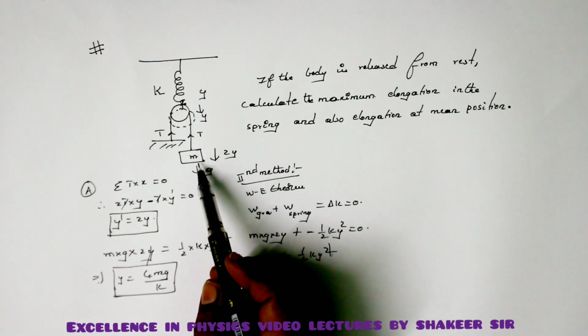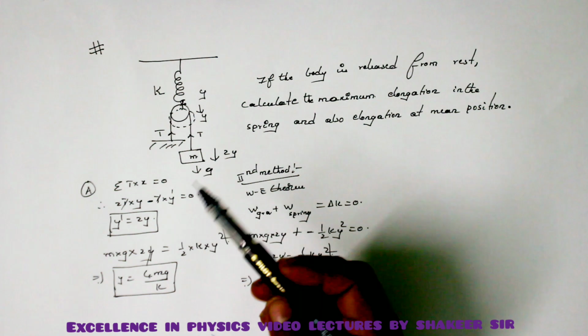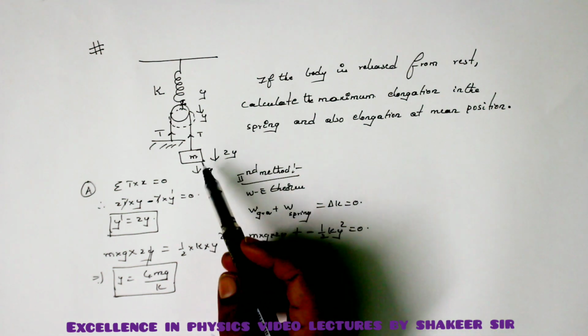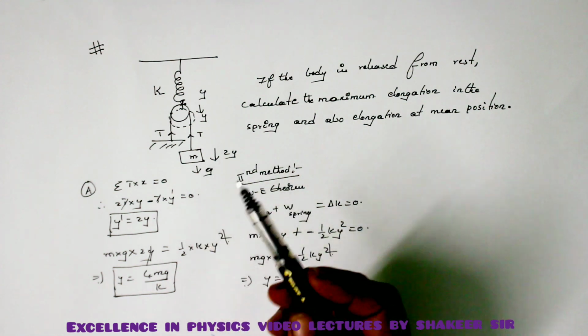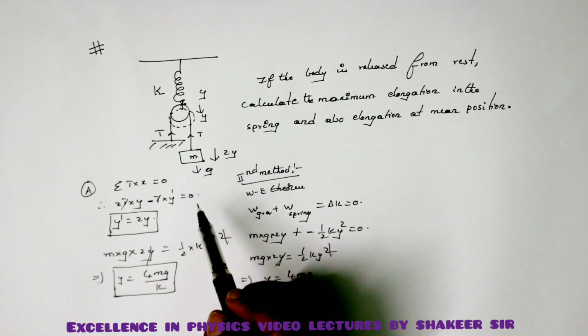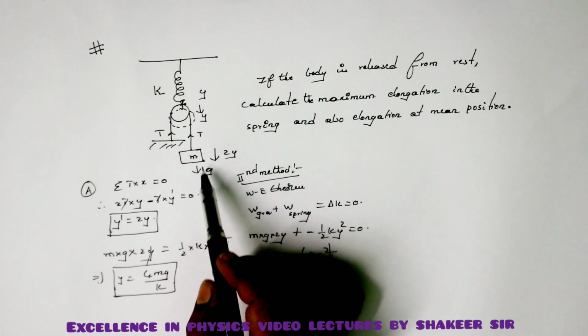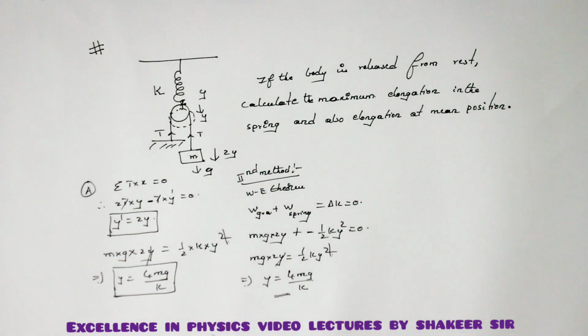So when this body has come down by a displacement of 2y, then there will be a net force acting on this body. So there will definitely be acceleration present on this mass m. But at the mean position, this mass will be at equilibrium. It means the upward forces and downward forces will be equal.